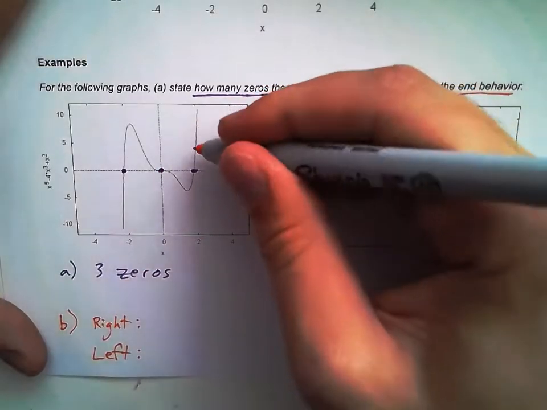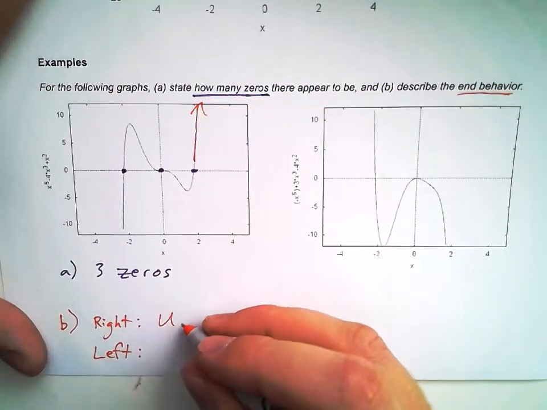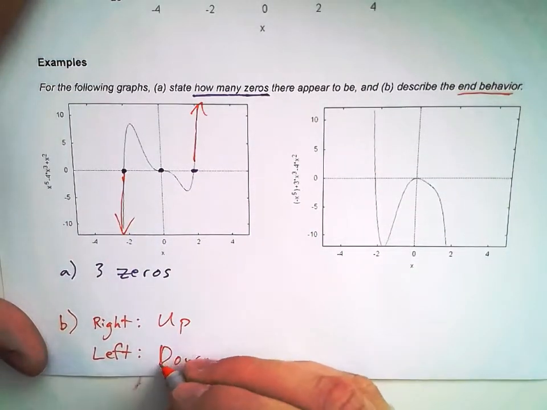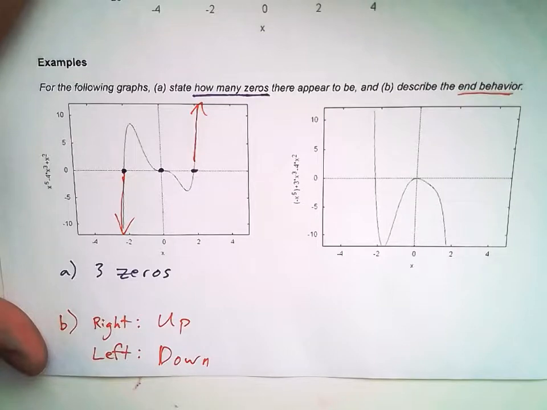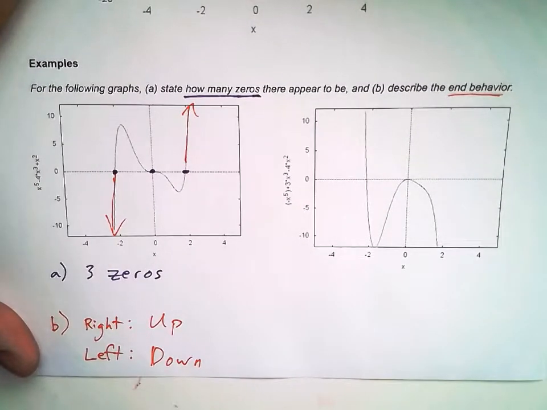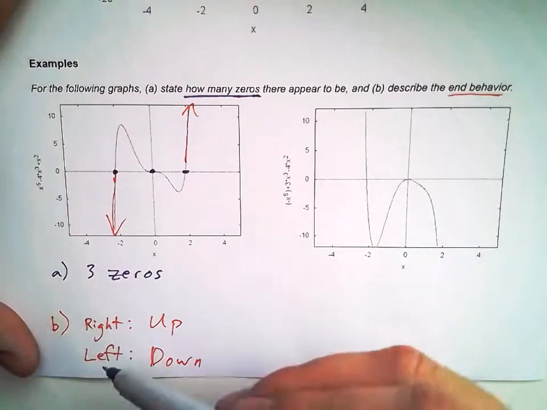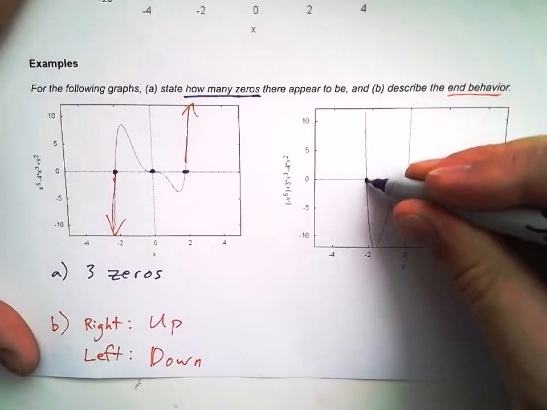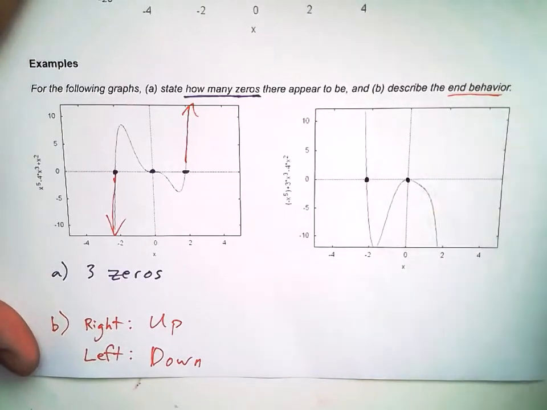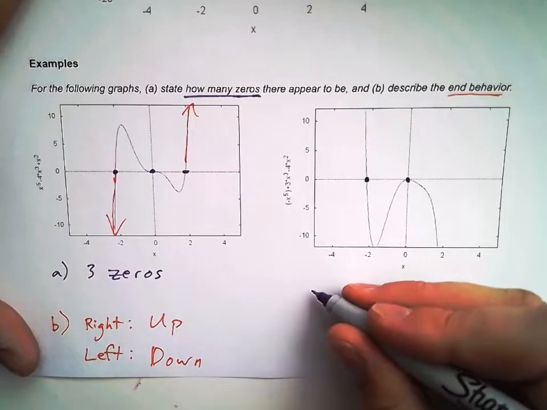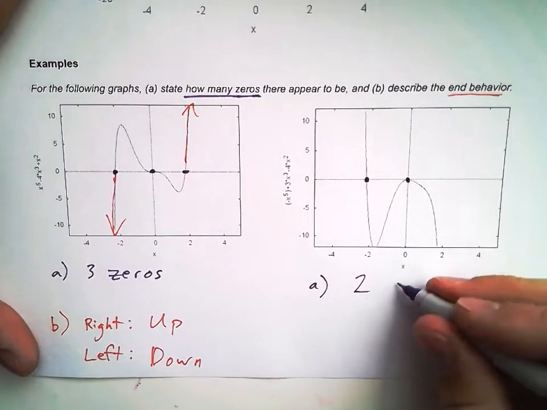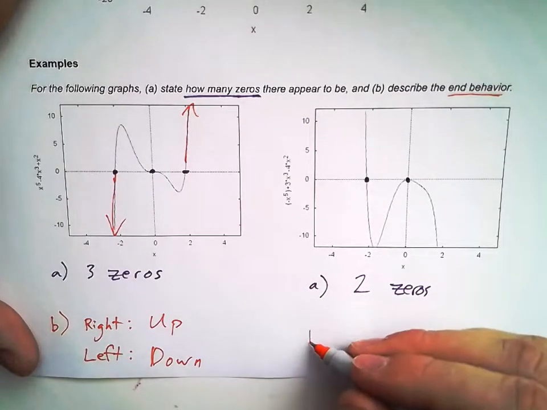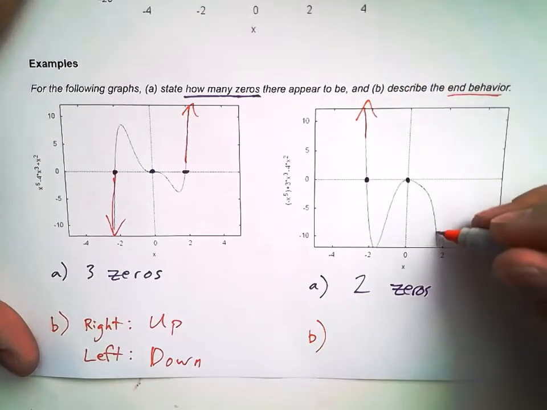On the right, this is going up. On the left, it's going down. Like I said, we'll learn another way that we can also write that next time. And this graph is crossing the x-axis 2 times, it looks like. So that would mean 2 zeros. And up left, down right.